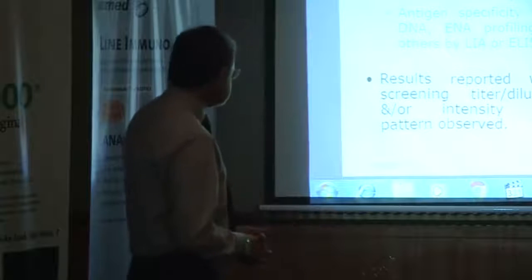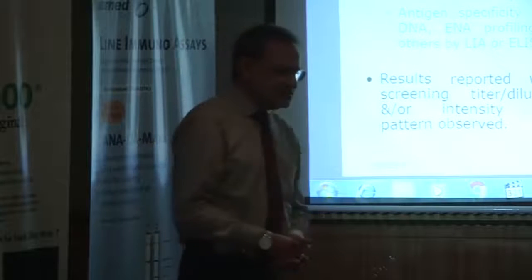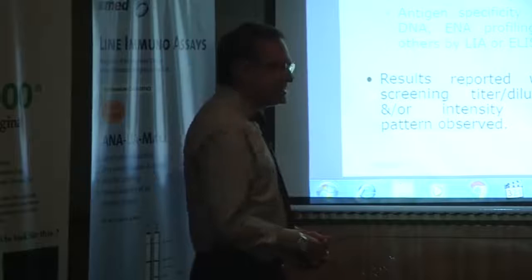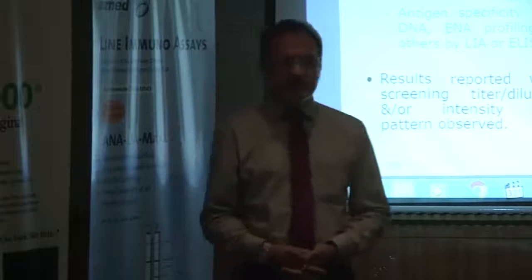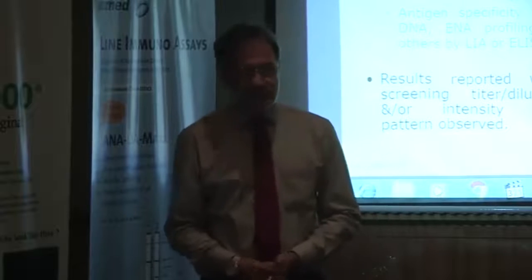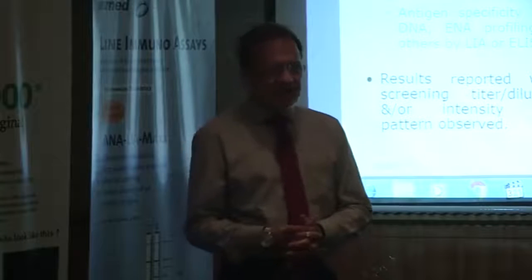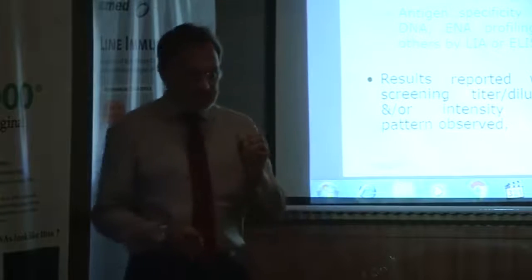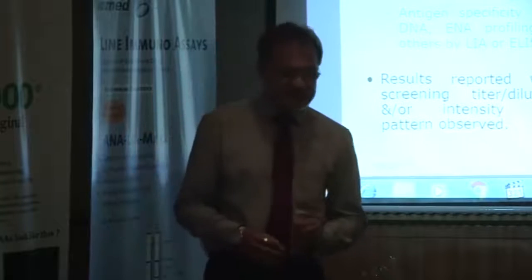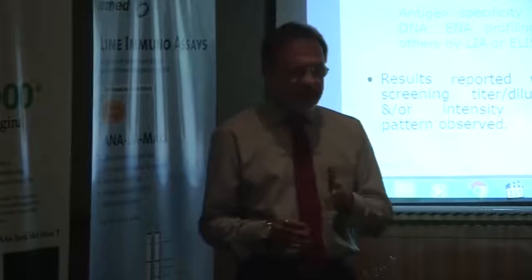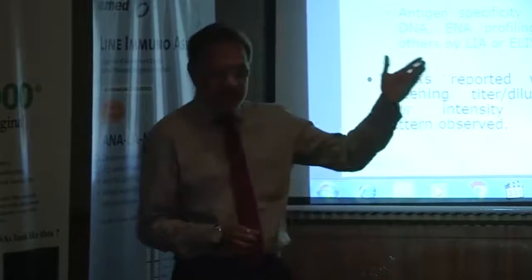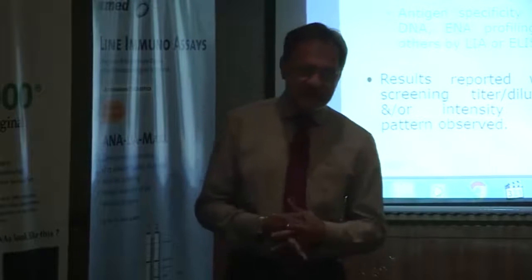The results are reported typically with screening titer. If a lab is doing only one titer, then you report with a screening titer, and in that case you have to specify the intensity of positivity. When you are doing a serial dilution and you go up to the end point, then you straight away report the titer.